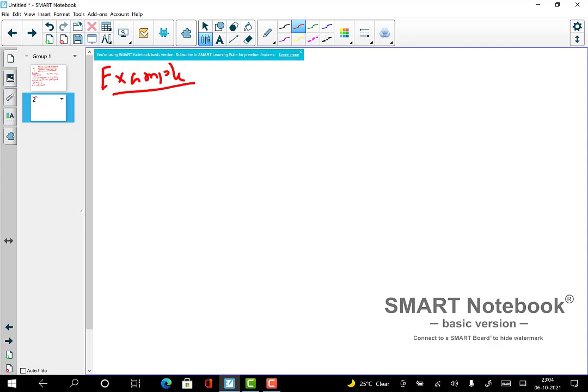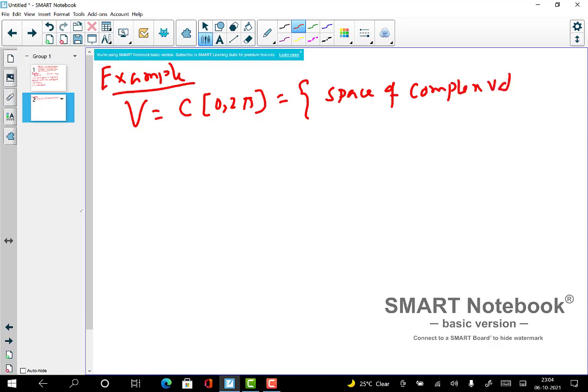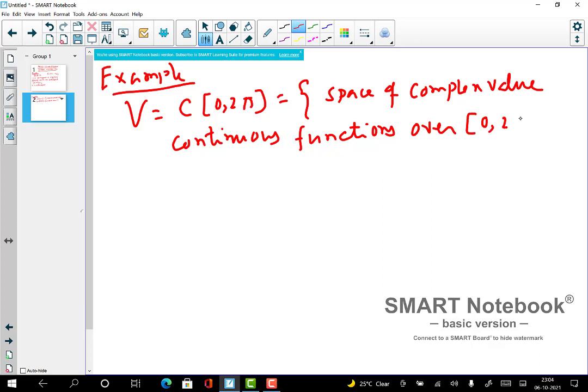Let me give an example here. Recall that we discussed the space C[0, 2 pi] of complex valued continuous functions over 0 to 2 pi.